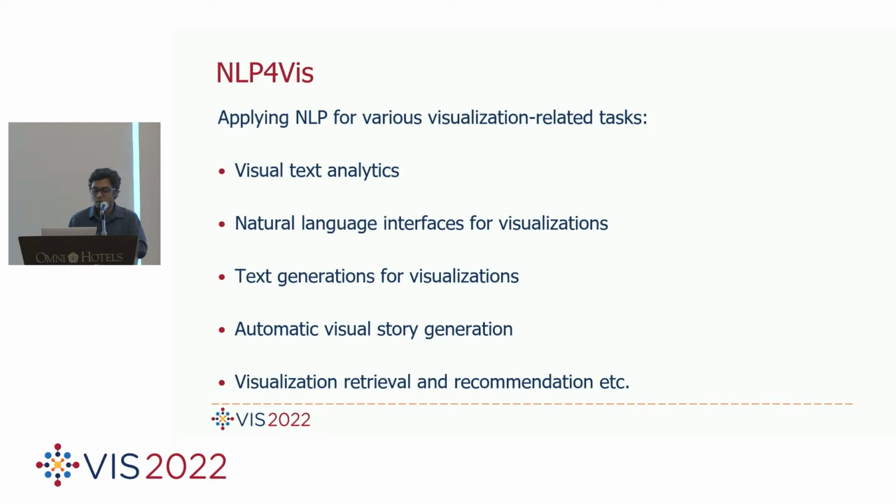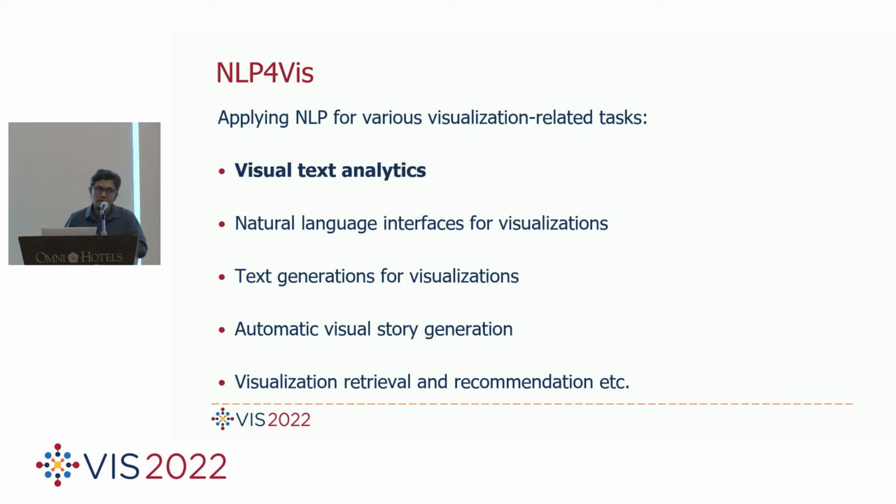But then there are also other emerging applications like automatic visual storytelling generation, where we want to create a story from data, and that can combine both visualization and text. So again, there is a role of natural language processing there. And then finally, there are applications like visualization recommendation systems and visualization retrieval systems, where we can use the textual content to improve those applications.